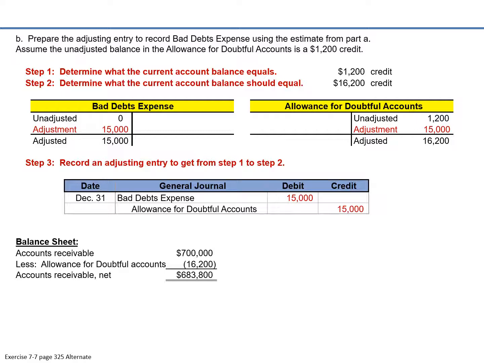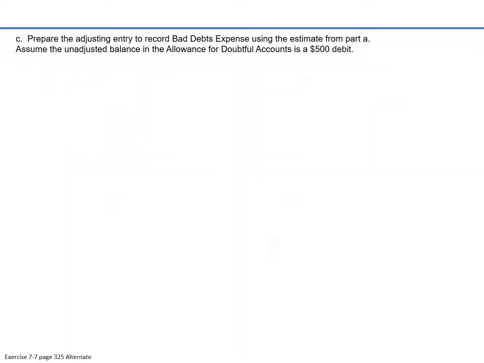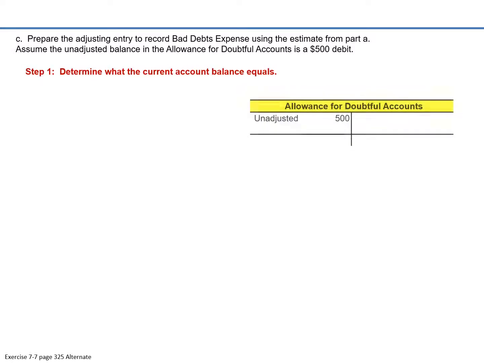Then there's our balance sheet presentation and our income statement, bad debt expense. All right, in letter C, rather than assuming that we have a starting balance of a credit, what if we had a debit?